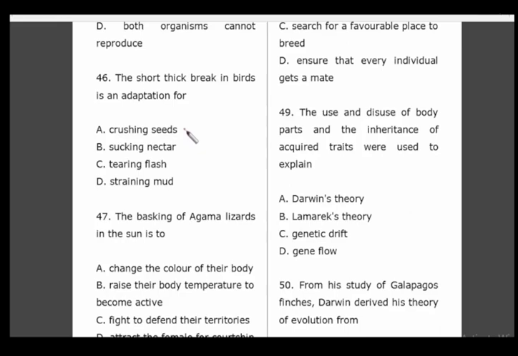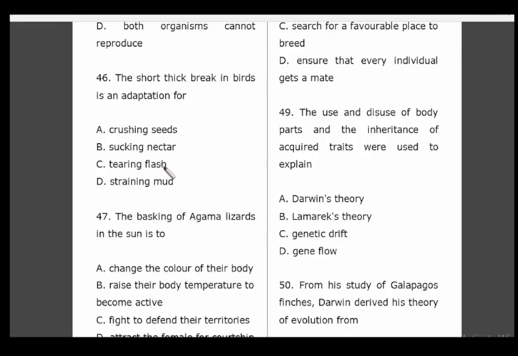So that is basically the answer to this question, because option B there says sucking nectar. Birds that feed on nectar always have long, thin beaks that help them to pierce into the petals of the flower. And the ones that are able to tear flesh, their beaks are short and curved.